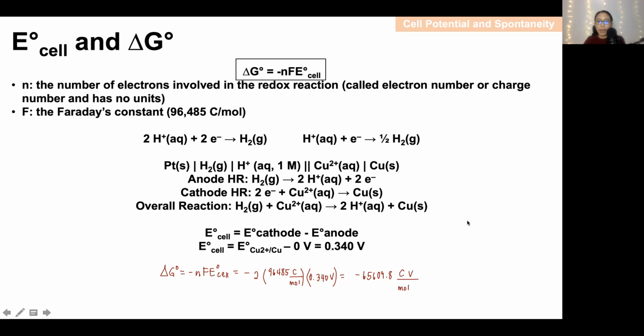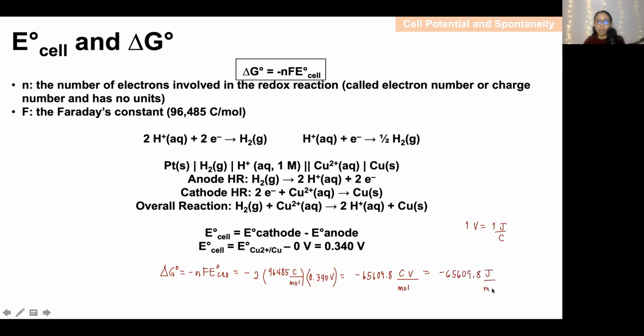Recall in class that 1 volt is equal to 1 joule per coulomb, which means if we multiply coulomb and volt, that is equal to joule. So this is also written as negative 65,609.8 joules per mole.